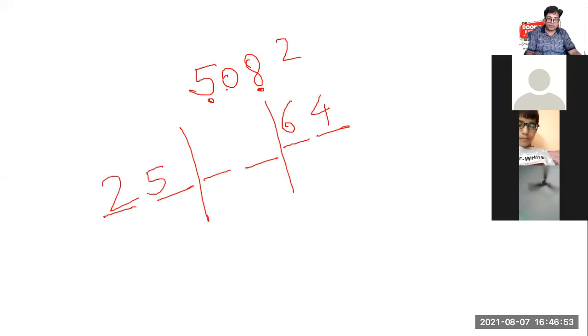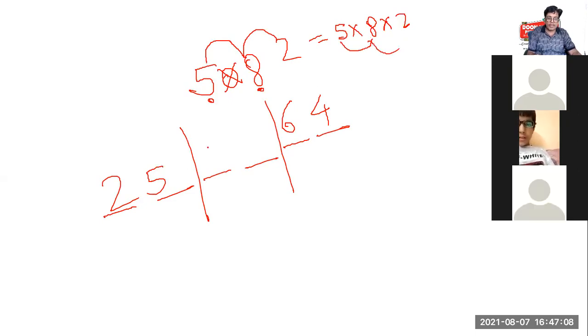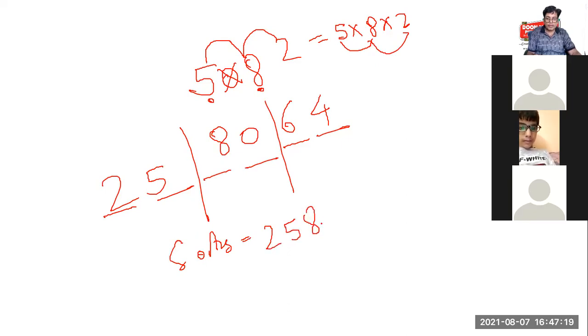I will leave 0 and multiply 5 into 8 into 2. 5 into 8, 40. 40 into 2, 80. I will write here. So the answer will be 2, 5, 8, 0, 6, 4. Got it?